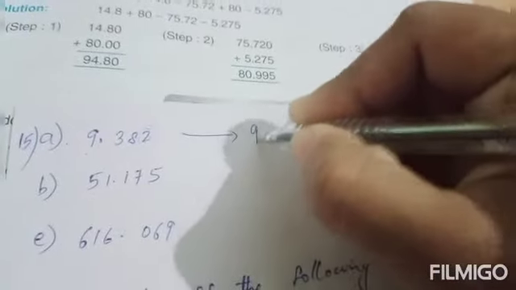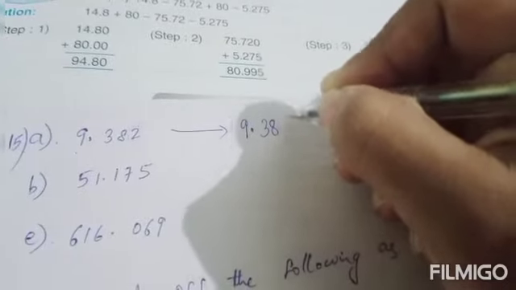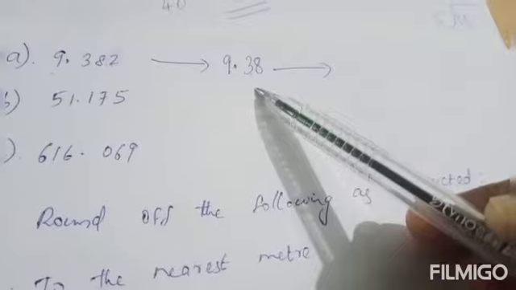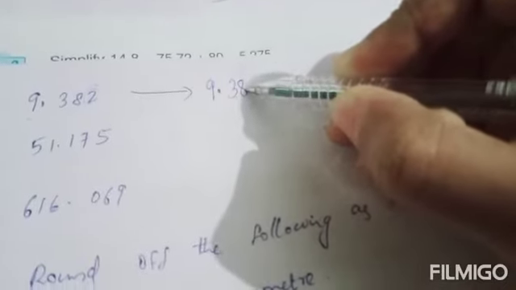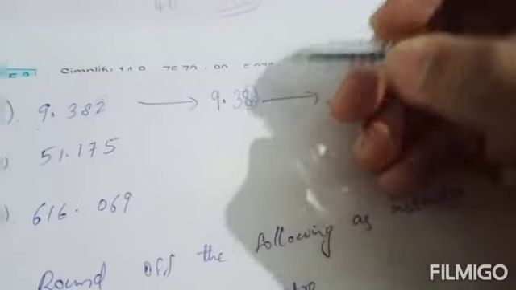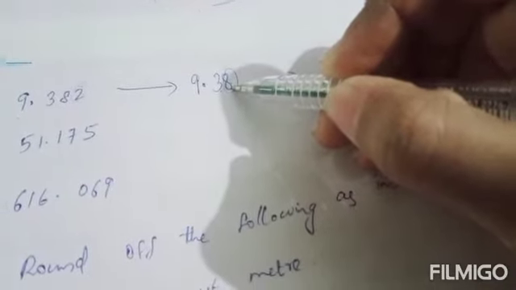So you will get 9.38. 9.380 means 9.38. Now this 9.38 you need to round off to nearest 10th. So if you want to round off to nearest 10th, see the digit at 100th place. Here 100th place digit it is 8, which is greater than 5. So if the digit at 100th place is greater than 5, what to do?